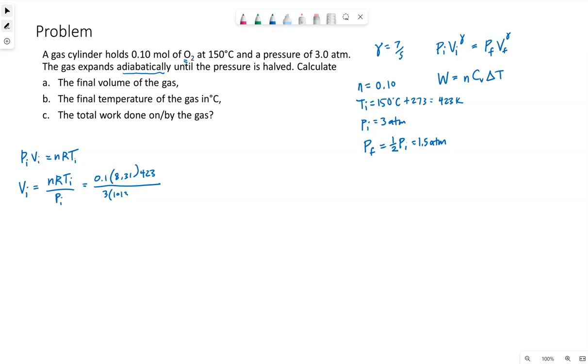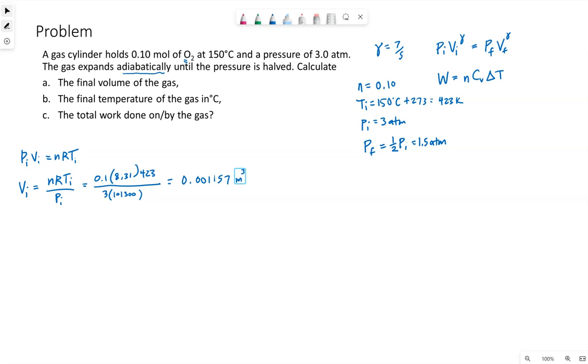We will want that in pascals, so I'll put that conversion in there. So I'm just plugging in to get our initial volume. If I've plugged things in correctly, the initial volume is 0.001157 meters cubed.